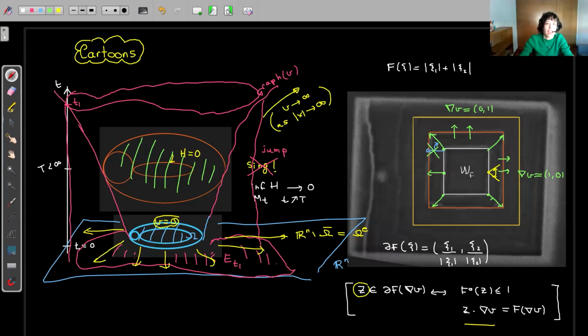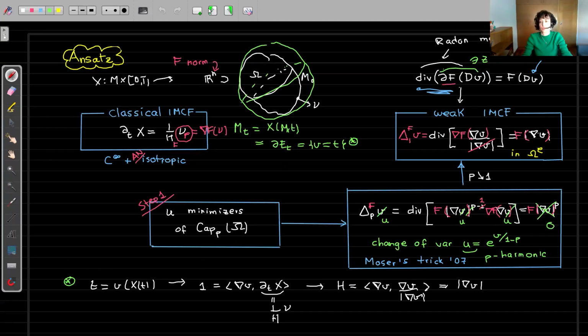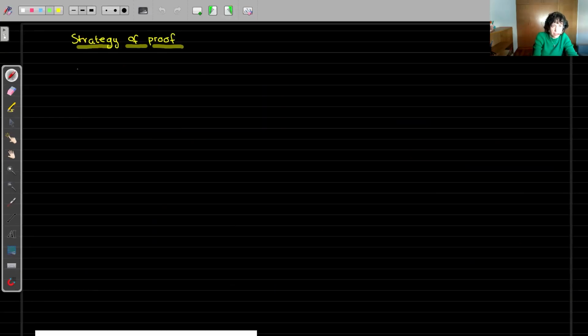I'm going to start with the strategy of the proof. Let me go back to the ansatz to recall that the first step is to characterize the minimizers of the P capacity of omega, the closure of omega, and then go back.